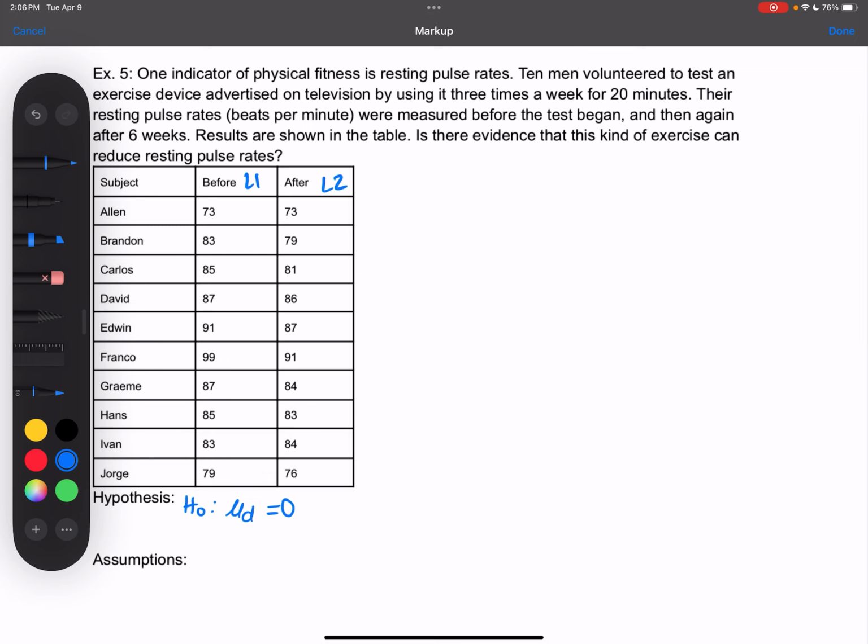Alright, so then what are we looking to see for our alternate? Reduced resting pulse rate. So we would say that it's not less than, yes, because it's not less than 0.